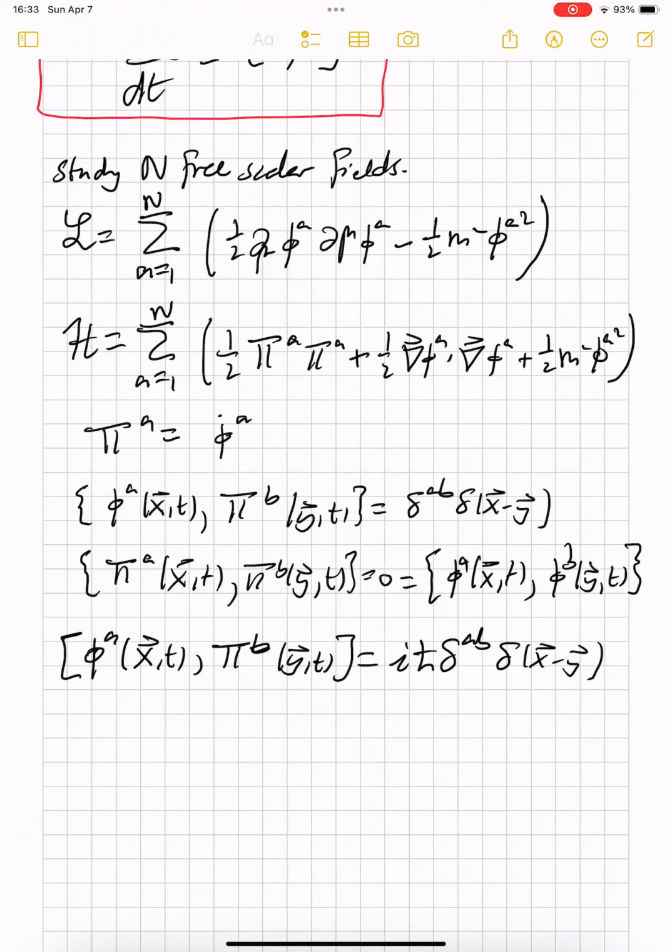And the remaining commutator between φ_A and φ_B would vanish, and between π_A and π_B would vanish. And that would then be the theory of n scalar fields. And I just applied exactly the same recipe as I used to quantize a single scalar field.